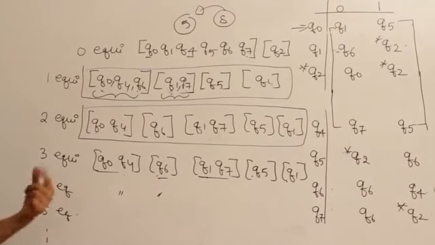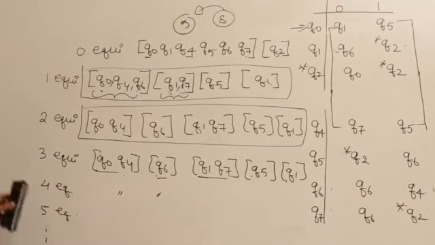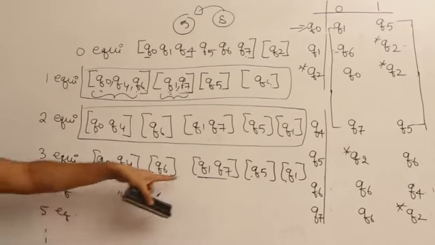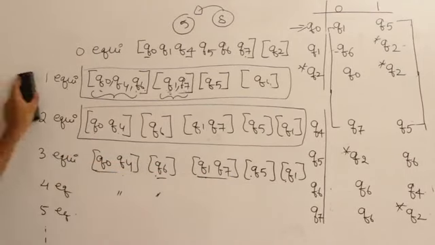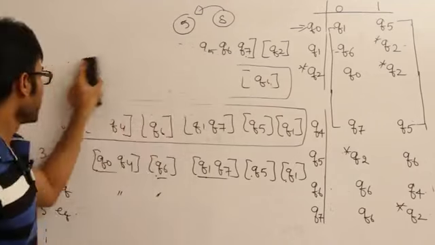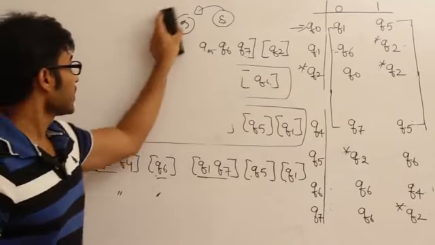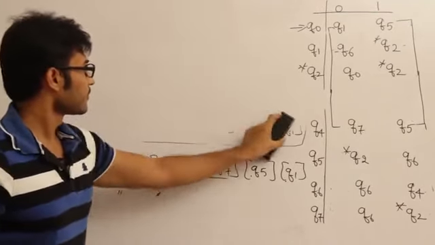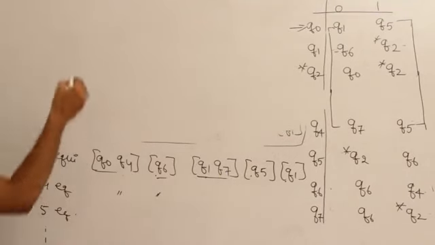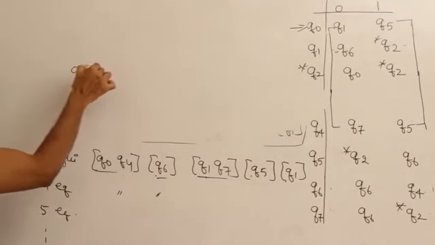Let me construct the DFA and show you this. So if these are the final states in the DFA, let me show you the DFA itself in terms of the state transition diagram. So the state transition diagram is going to look like this. Q0 and Q4.